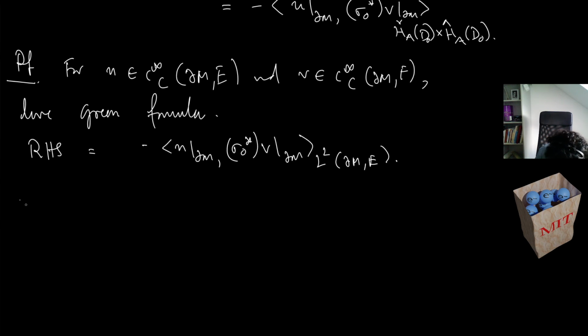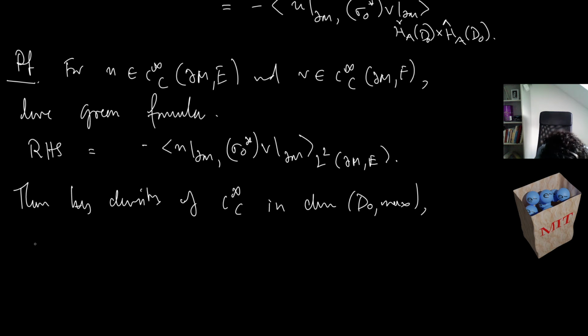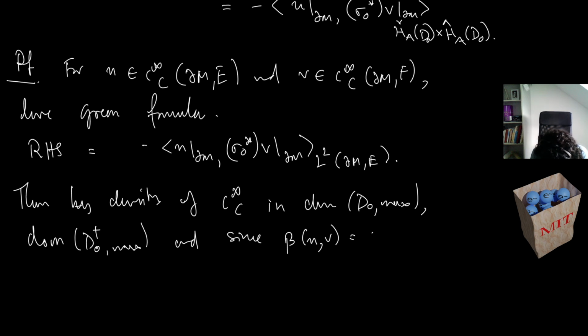Then by density of C infinity C in dom D naught max, and since the pairing beta of UV is equal to ⟨XY⟩ in L2, so this is equal to ⟨X, sigma naught star⟩ in L2, from the previous proposition, the conclusion follows.